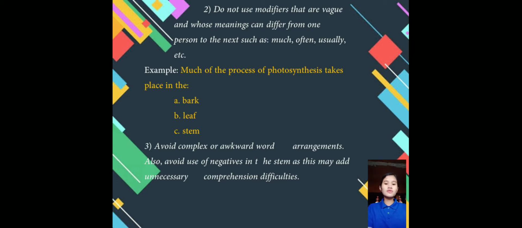We now move on with the third guideline, which is avoid complex or awkward word arrangement. Also, avoid use of negatives in the stem as this may add unnecessary comprehension difficulties.